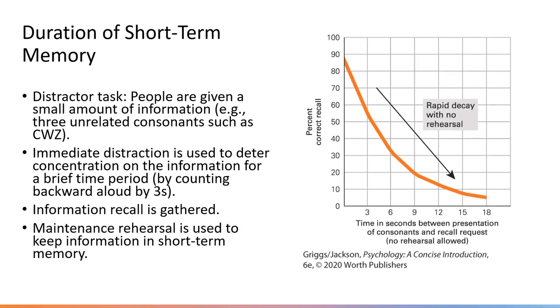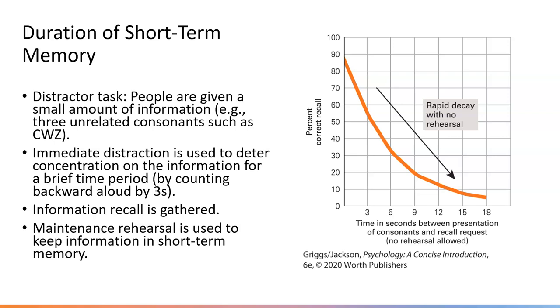Now what your authors present to you is this image from your text of doing a short-term memory duration task. And what they're doing here is showing you across the bottom axis time in seconds between presenting the letters is the example that they're giving you in the text, and then this particular graph shows what happens when you increase the number of seconds where no rehearsal is allowed.